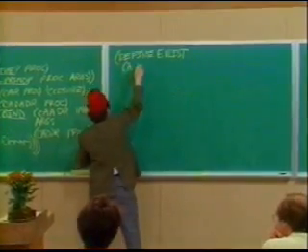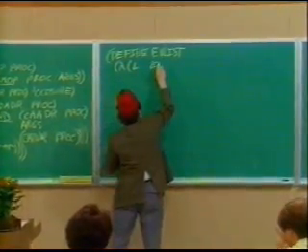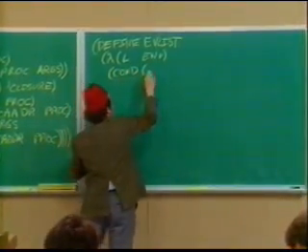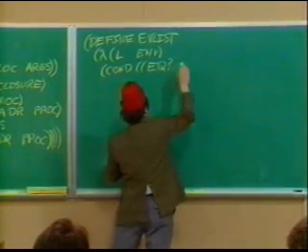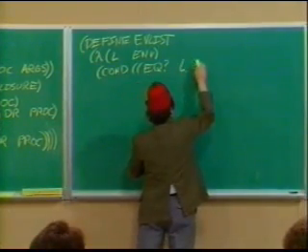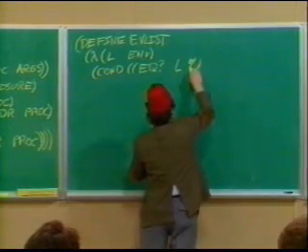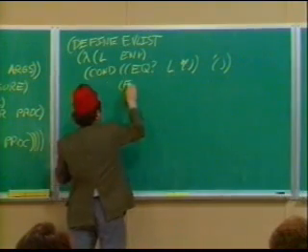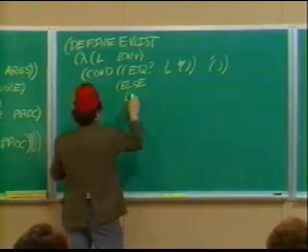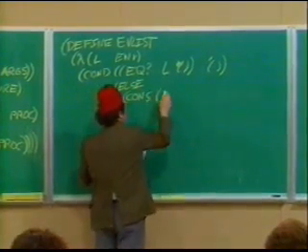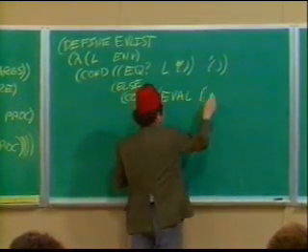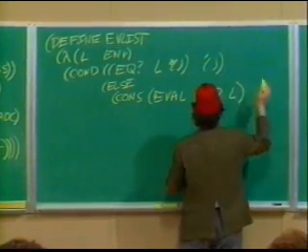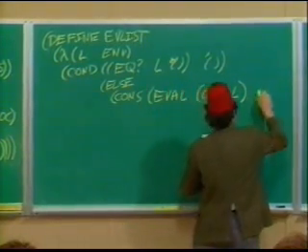Well, what is it? It's a procedure of two arguments, L and an environment, where L is a list, such that if the list of arguments is the empty list, then the result is the empty list. Otherwise, I want to cons up the result of evaluating the car of the list of operands in the environment.